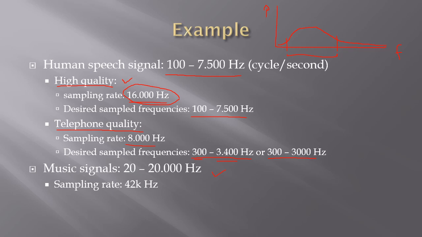For that, we have to sample the sound at 42k hertz, which is a little bit higher than twice 20,000 hertz. With this sampling rate, it can preserve the sound of music. So the sound of music is well documented with a sampling rate of 42k hertz.